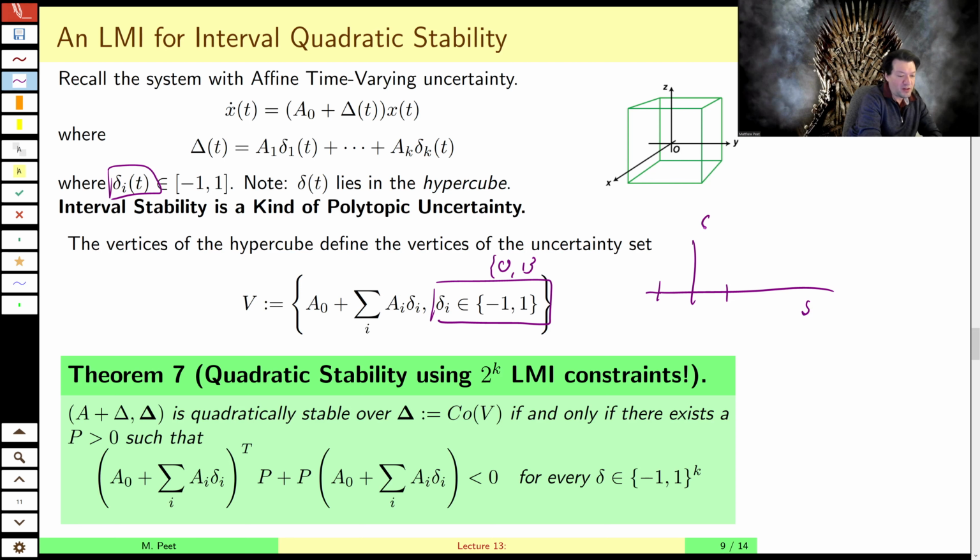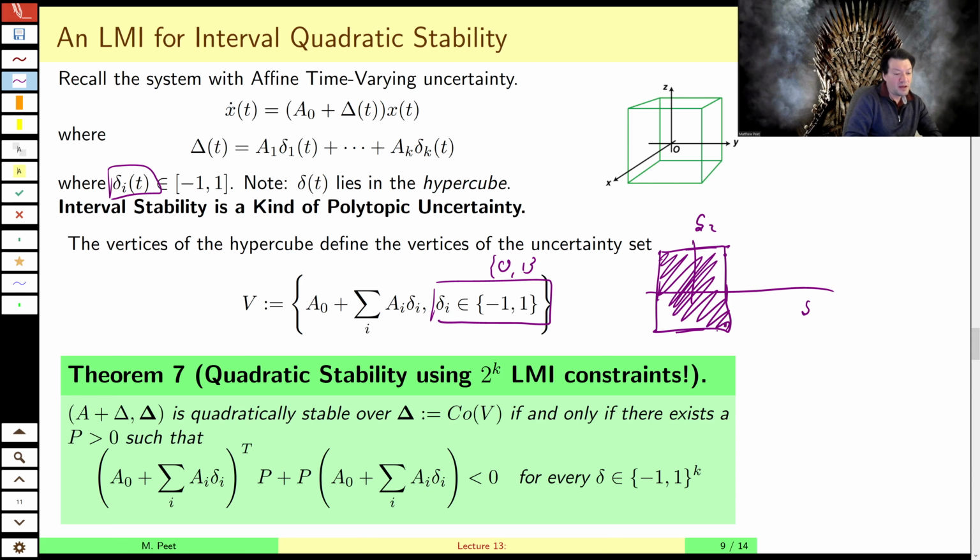What happens if we have another uncertain parameter, Δ2? Well, it's the interval from -1 to 1 in Δ1, and then the interval from -1 to 1 in Δ2. If we fill in those allowable values of Δ1 and Δ2, we get a square.